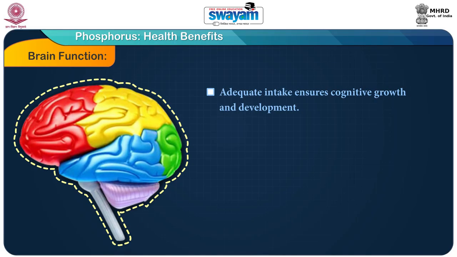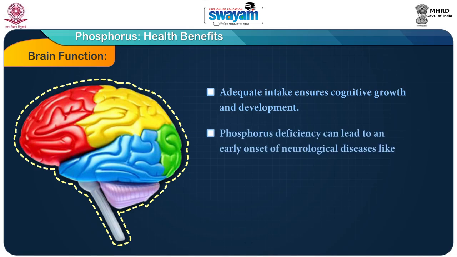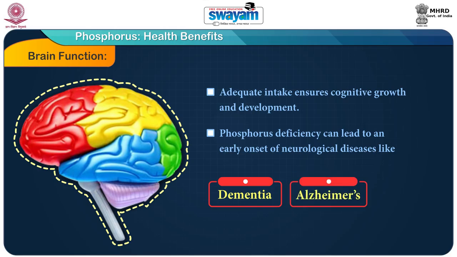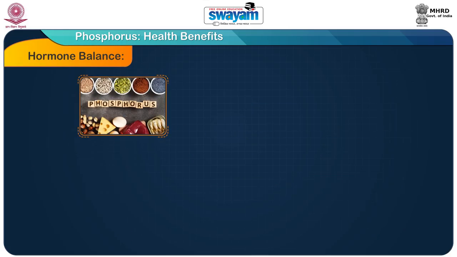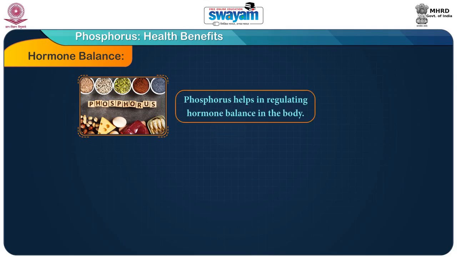Adequate intake ensures cognitive growth and development. Phosphorus deficiency can lead to an early onset of neurological diseases like dementia and Alzheimer's. It can also increase the risk of cognitive malfunctions. Now, phosphorus and hormone balance.